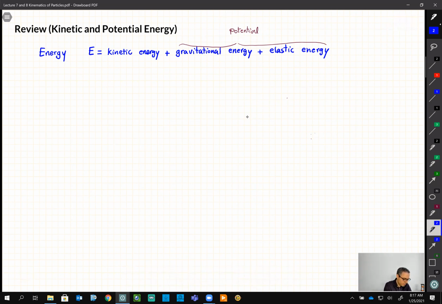And if I want to show it in the form of a formula: kinetic energy we show by T, gravitational energy we show by U in this course, and elastic energy we show by V.